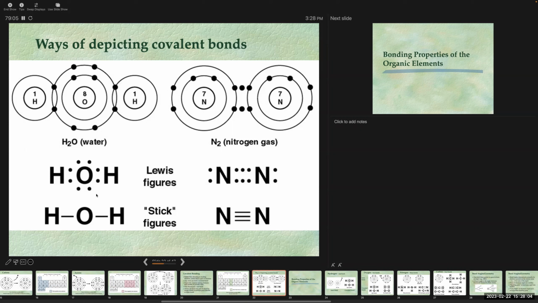Below that is another way of representing the electrons to show the electrons being shared by different atoms. This is what's known as a Lewis figure, or a Lewis dot figure. One thing to be aware of with this Lewis dot figure is that it ignores all of the inner shells.